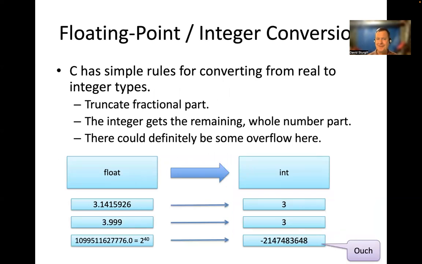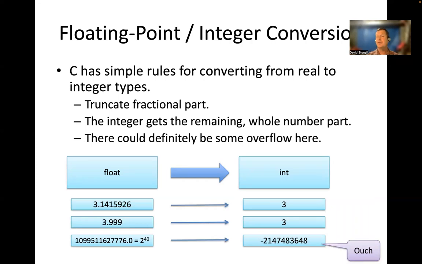One topic left, and that is a conversion between int and float. In principle, floats have more capacity than int. So it seems like you should always be able to convert from int to float. You could certainly have overflow when you go in the other direction.